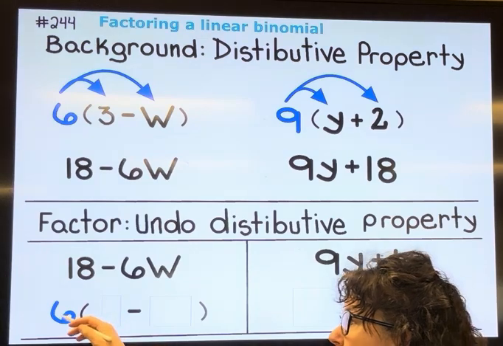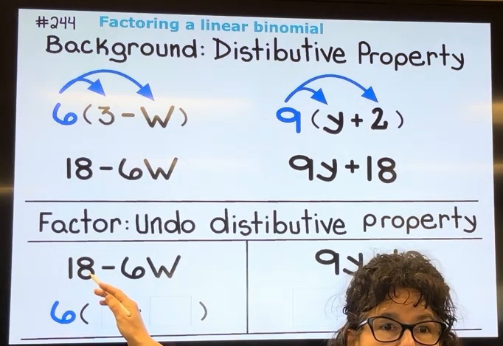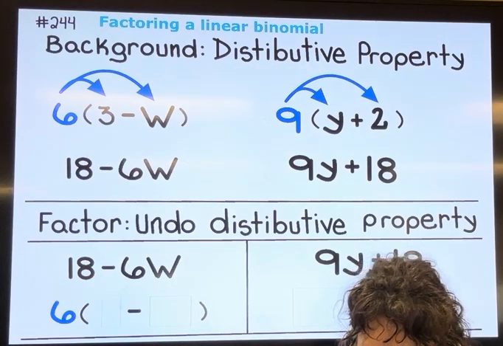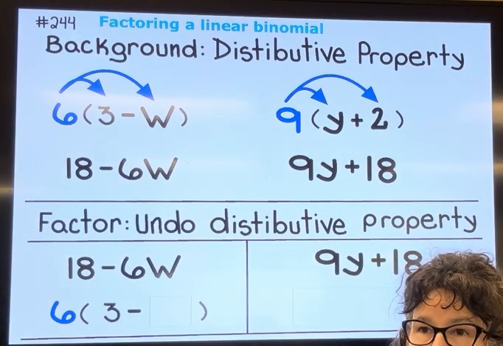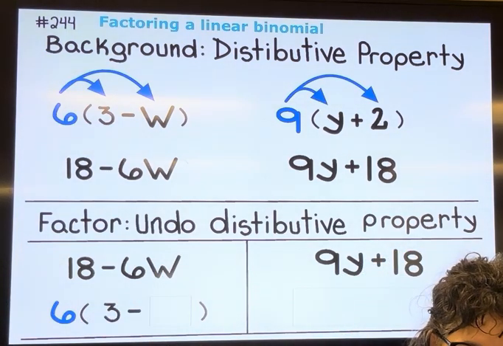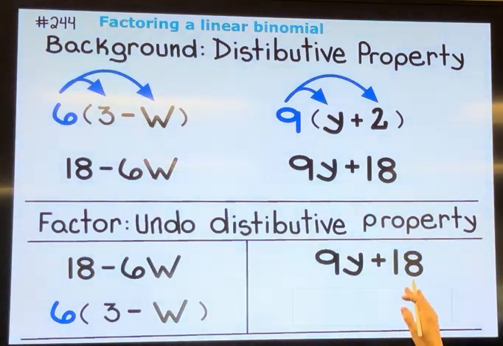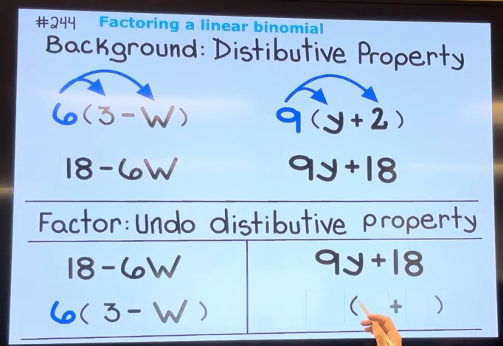Now, if you're multiplying, the opposite is division. So 18 divided by 6, what's left over is 3. 6w divided by 6, what's left over is w. Okay, so in this one, if I want to factor it, I'm going to immediately put a set of parentheses with a plus sign, and I'm thinking, what's in common before and after the plus sign?